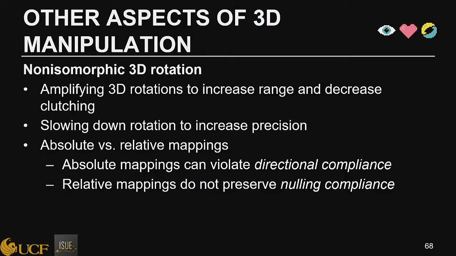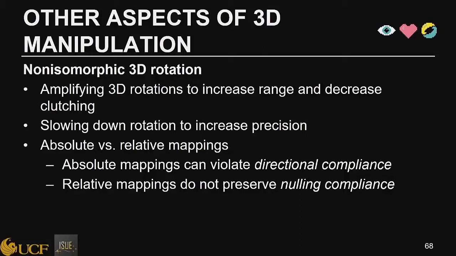And there's different ways that you can implement this as absolute and relative mapping. This is a little more technical in terms of implementation, but just to know that when you do absolute mappings, that violates something called directional compliance, which means that when you do absolute mapping, you don't know the direction in which you actually did the manipulation, okay?